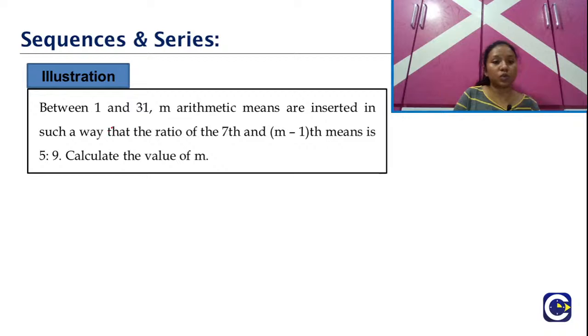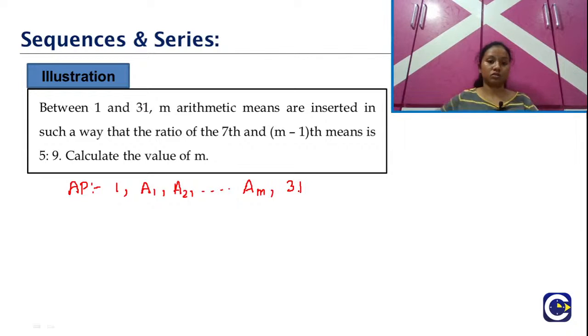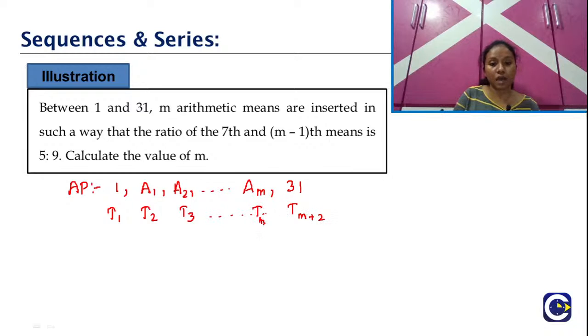So here between 1 and 31, M arithmetic means are inserted. So our progression, our AP, will be 1, A1, A2 and so on until AM, 31. According to our terms, this will be T1, this will be T2, this will be T3 and so on. This will be Tm plus 2 and this will be Tm plus 1.